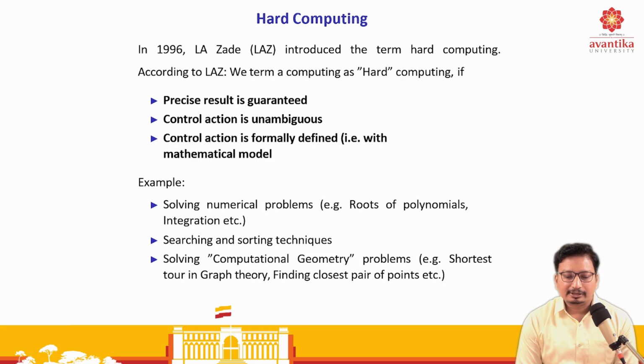Other examples are computational geometry, like computing the shortest path in graph theory or finding the closest pair of points. So all these methods require the exact mathematical model and they should be unambiguous in nature, otherwise the result which they produce is not precise.